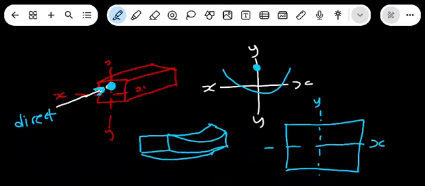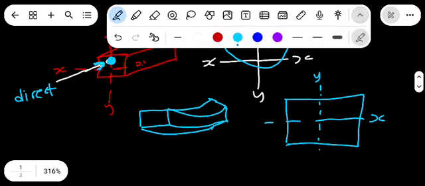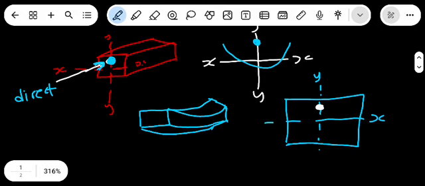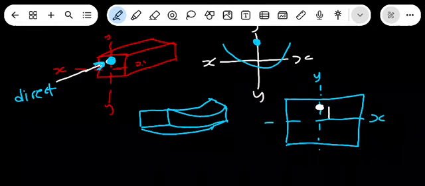As you can see, we are applying the force here on the top of the bar. Since you're applying it on the top, the distance from there going downwards, this distance like this, will cause the bar to bend in the x-axis.